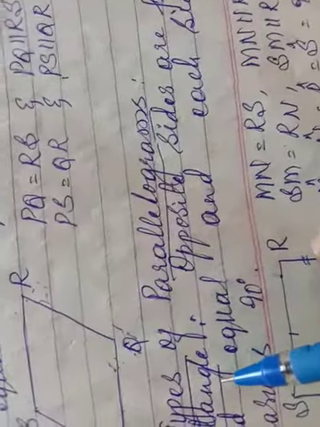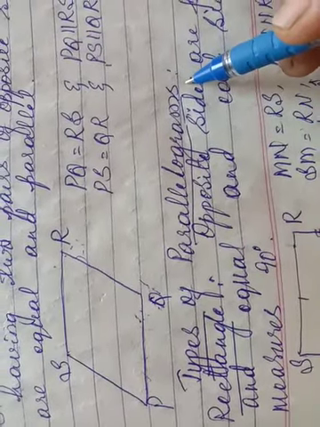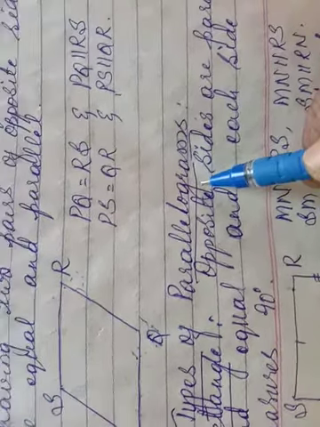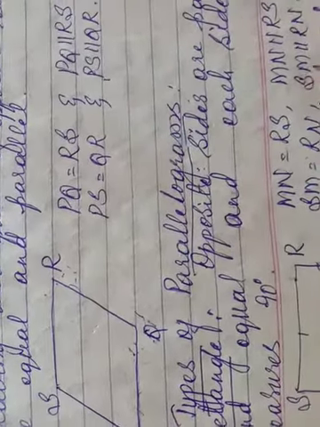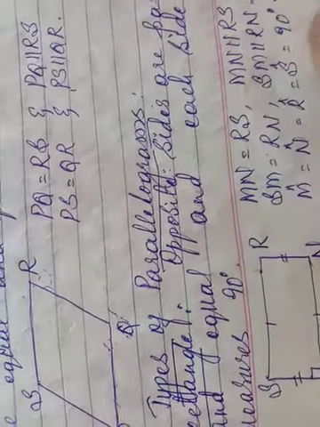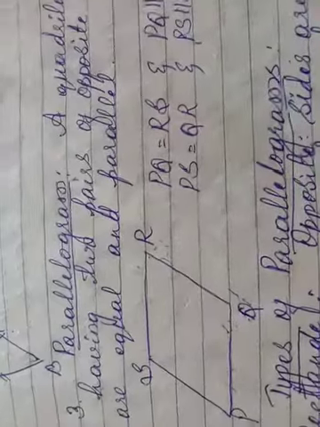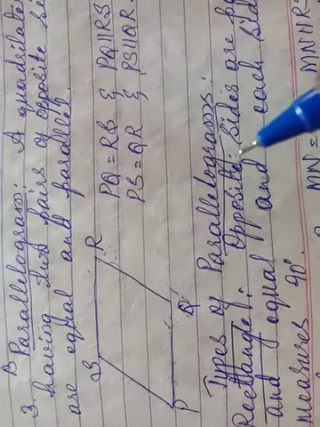Now let us talk about the types of parallelograms. Children, I am telling you types of parallelograms, but we are learning quadrilaterals. In a quadrilateral, if we see different properties, we can give them different names like trapezium, kite, parallelogram, rectangle, all those things.